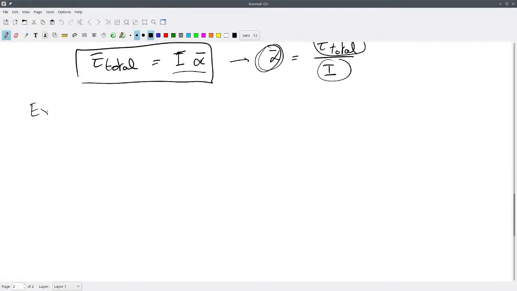So in the example of the merry-go-round, we have that our torque is R times F. Actually it's R cross F, but in this case, that will be R times F. And in which direction will it be?